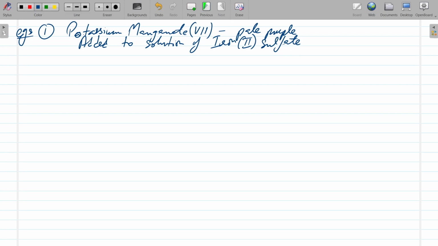What happens? The iron sulfate changes from pale green, it's pale green, and the color changes to pale yellow.